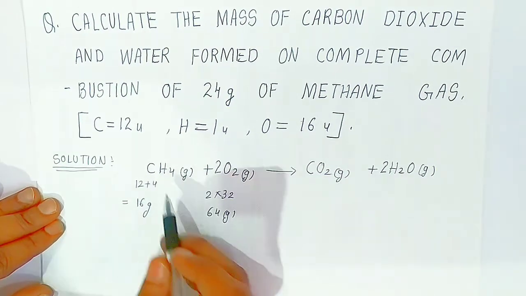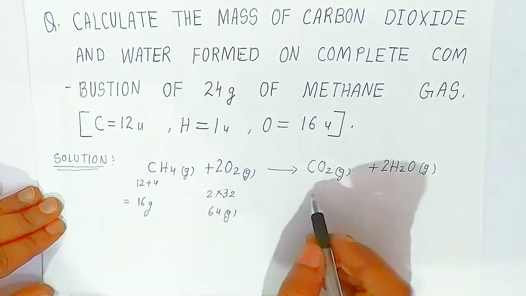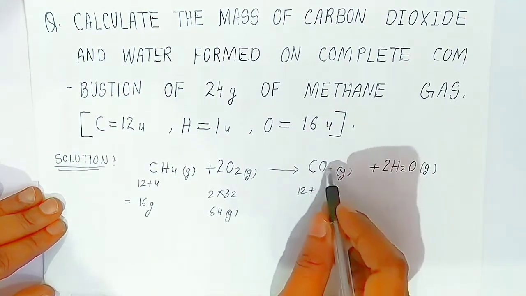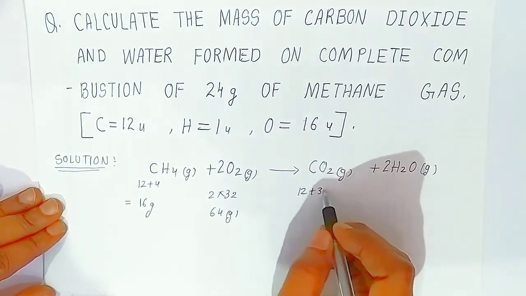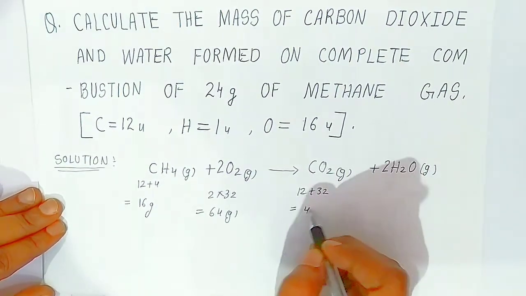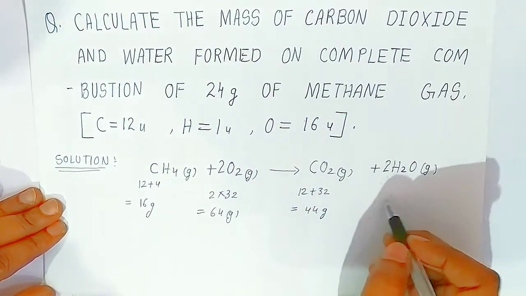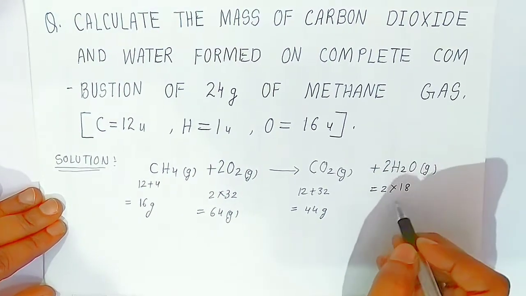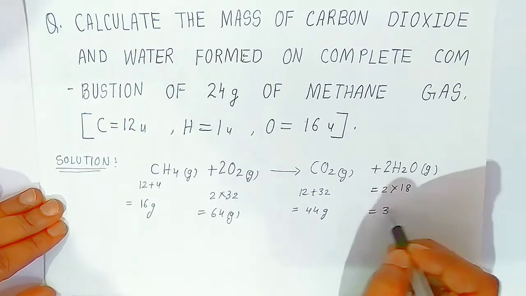So 16 gram of methane always requires 64 gram of oxygen, and it will produce carbon dioxide, carbon 12 plus oxygen 2 times 16 that is 32, giving 44 gram of carbon dioxide, and in water you have 18, that is 18 times 2, 36 gram.